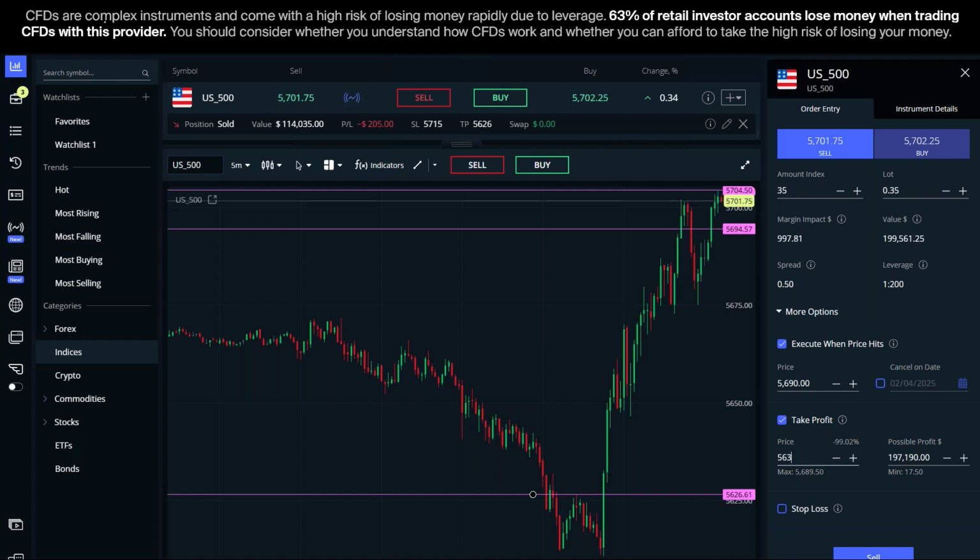Not being greedy, it doesn't have to break the low of the day, just get near it. And stop loss, if it triggers down here at 56.90, can be back above where it is now. So 57.05, above both of these resistance levels we drew. 57.05 for stop loss.